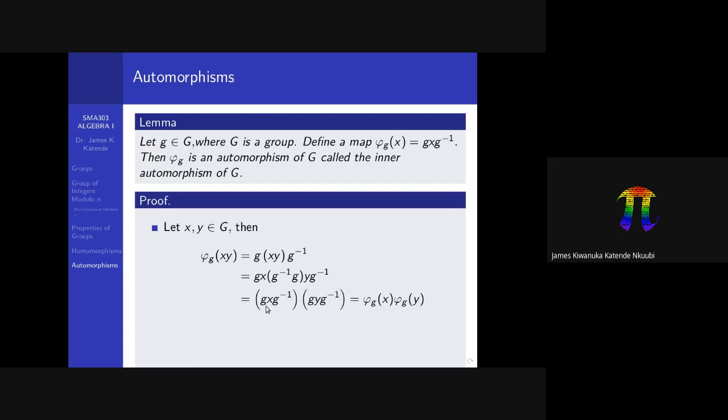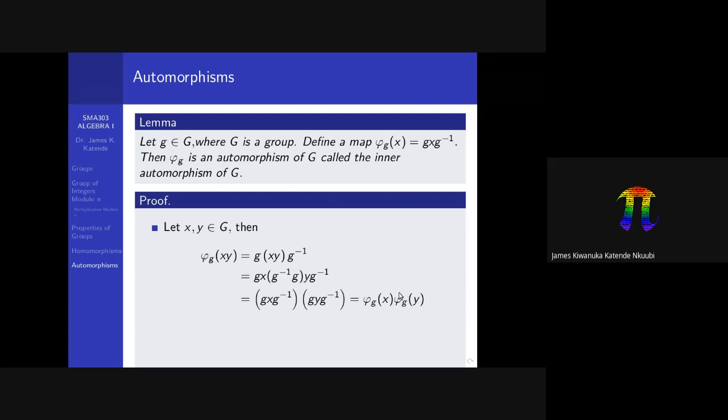So when you split it like this, you can clearly see that this is the image of x under this map, and this is the image of y under this map. And you can write this as a product of the image of x and the image of y. So this map is a homomorphism.